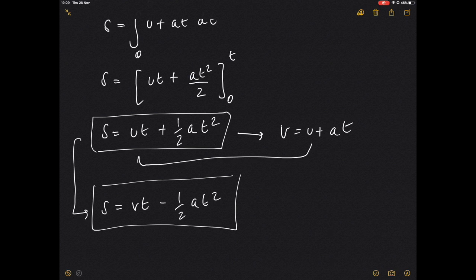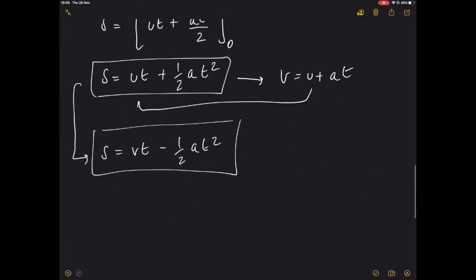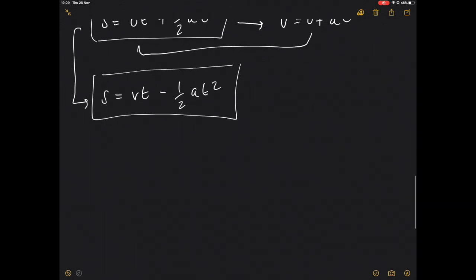From that we can do some more manipulation. What happens if we were to try and get rid of a? We start with s equals ut plus a half at squared.